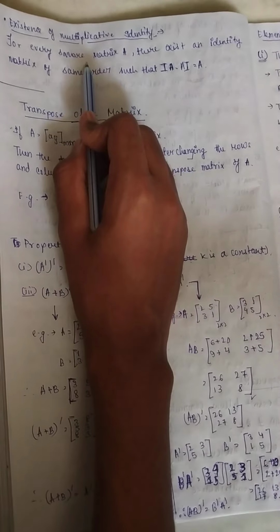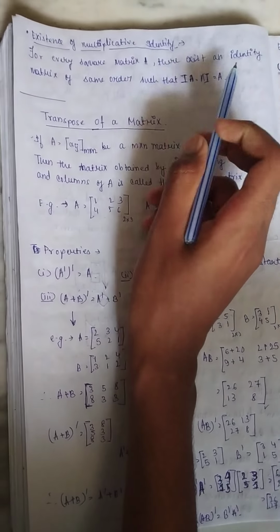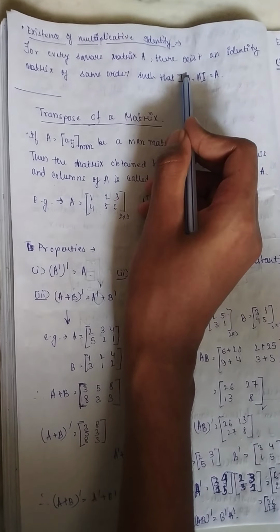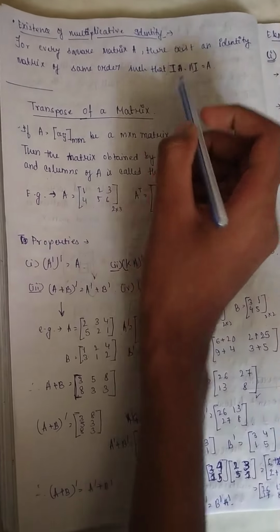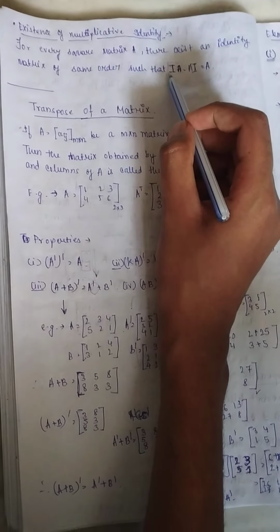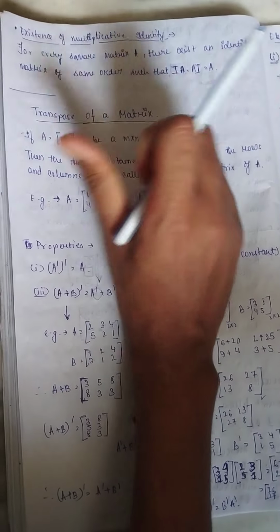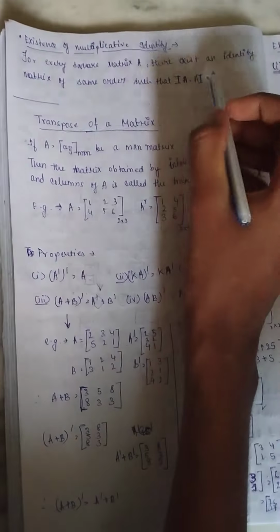For every square matrix A, there exists an identity matrix of some order such that IA is a unit matrix, or unit matrix is an identity matrix that we discussed earlier. Both are the same thing.